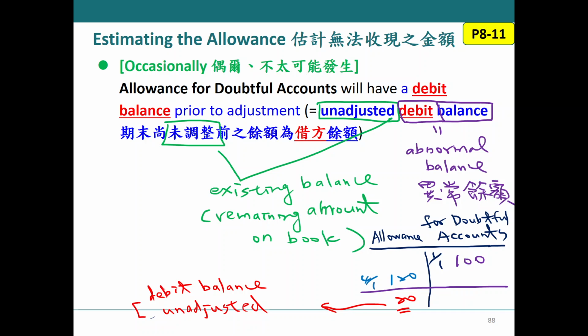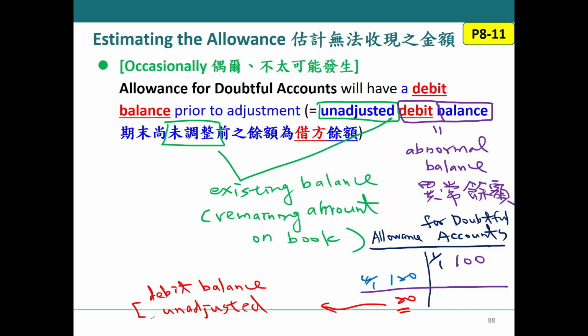Last year, we expected maybe $100 we cannot get back, right? But what happened? April 1st, we have $120. What does it mean, $120? It's our actual loss, right? So what really happened is 120.